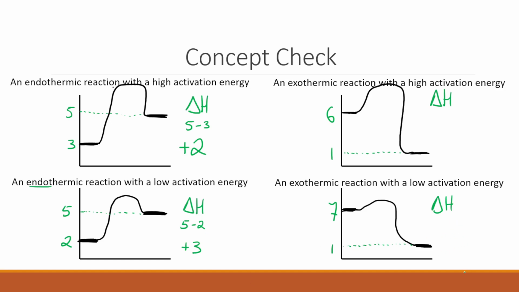Here, delta H is products minus reactants, which is 1 minus 7, giving us a delta H of negative 6. Here, delta H is products minus reactants, 1 minus 6, giving us a delta H of negative 5.